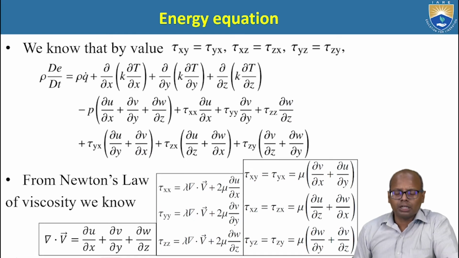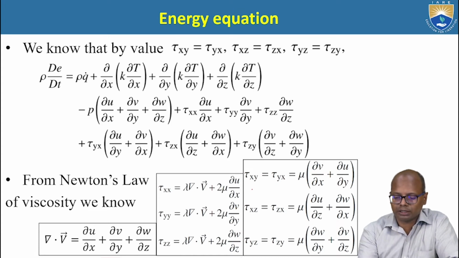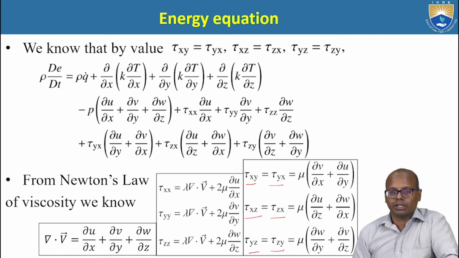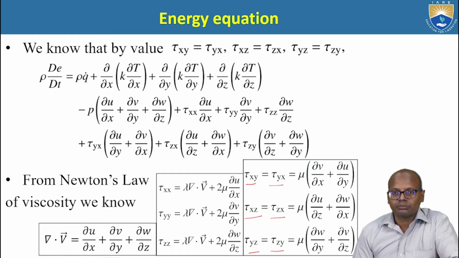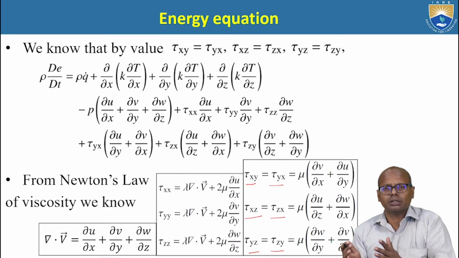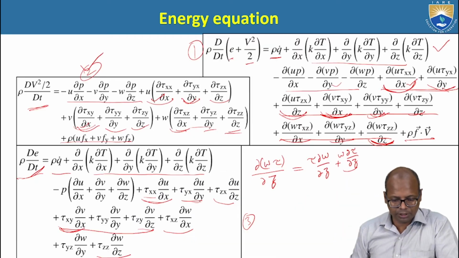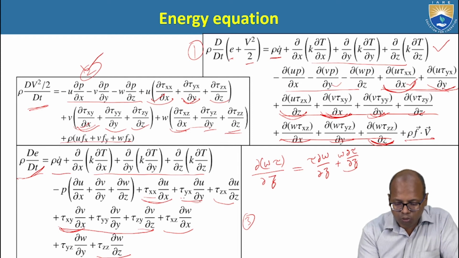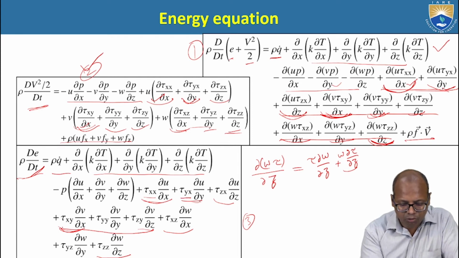We will see now. From Newton's law of viscosity, what we had is tau xy equal to tau yx, tau xz equal to tau zx, and tau yz is equal to tau zy. The same thing I have written here also. In the previous slide, we had many terms in the equation, and we will see again here. So here the tau yx is there, and here tau xy is there.